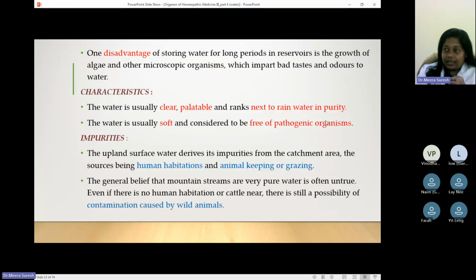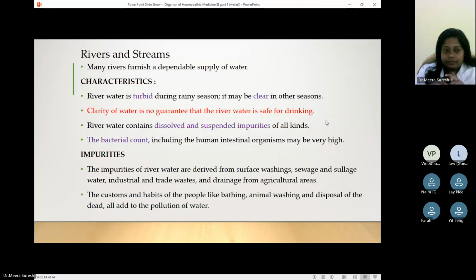But we can't guarantee the same thing happened in the catchment area. Humans, domestic animals or even wild animals can pollute the water.